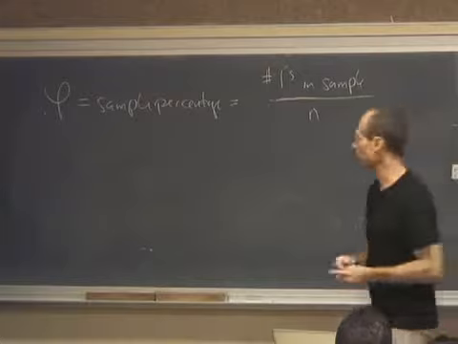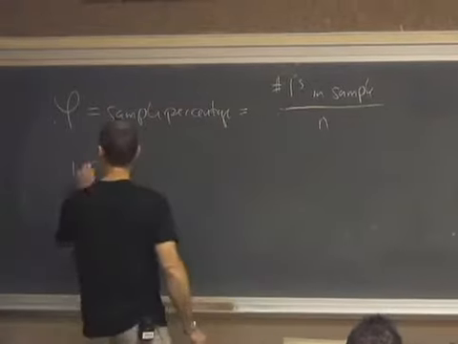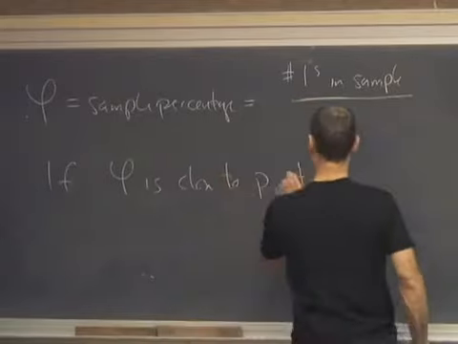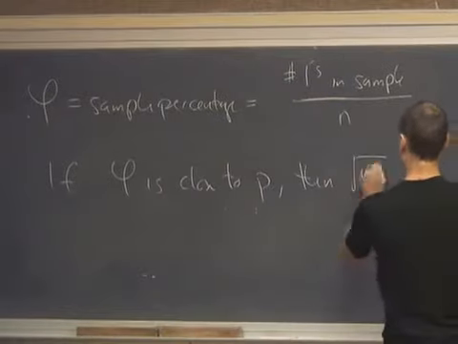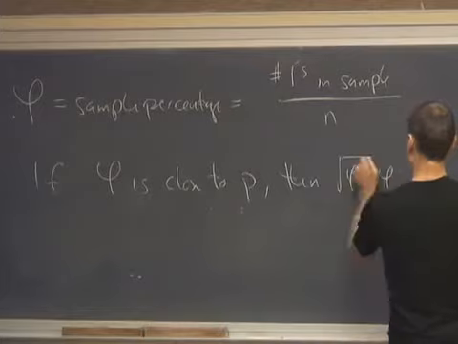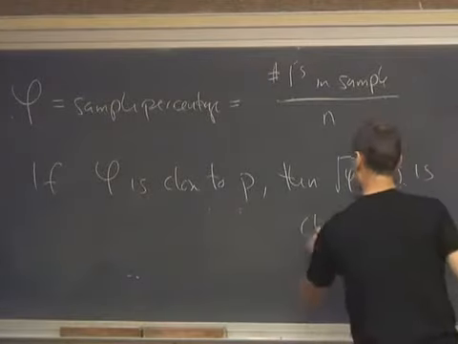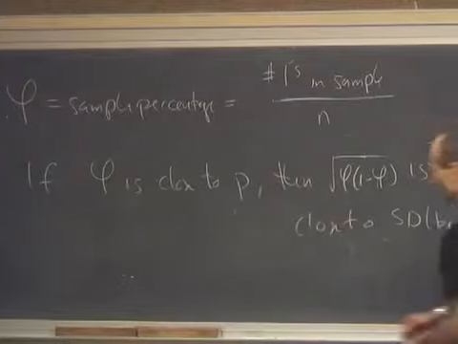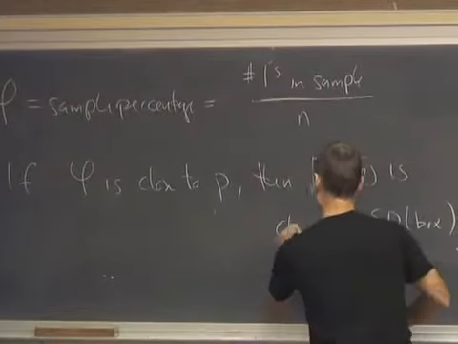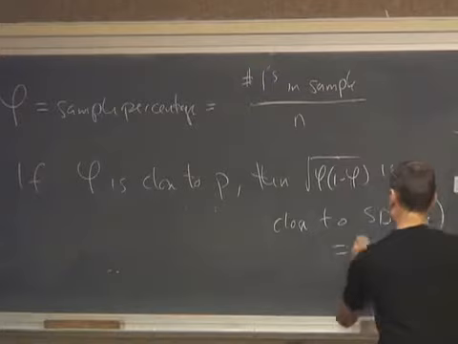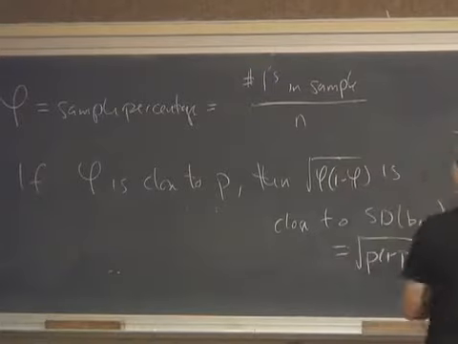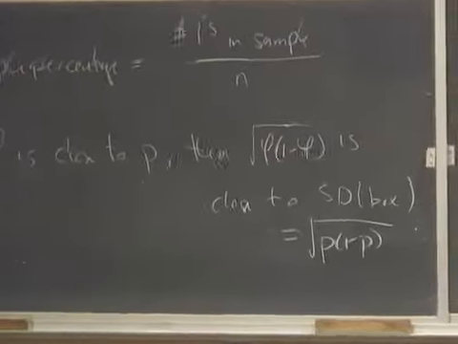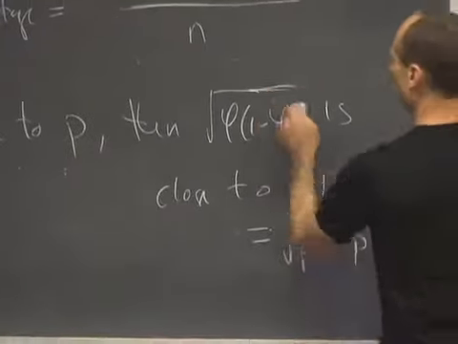It's an estimator of the population percentage, and if phi is close to p, then the square root of phi times 1 minus phi is close to the SD of the box, right? Because the SD of the box is the square root of p times 1 minus p. So this number is called the bootstrap estimate.